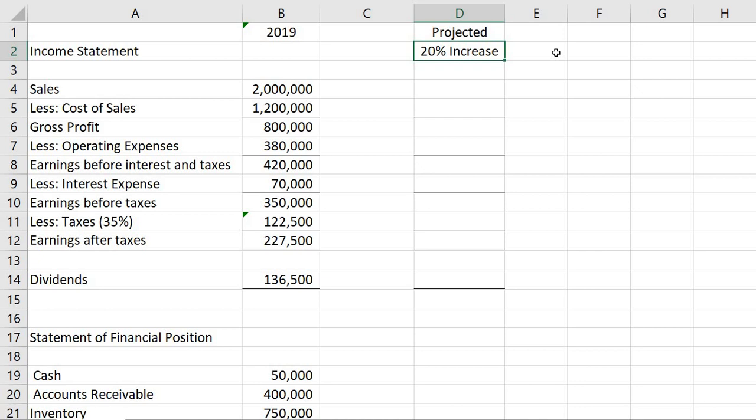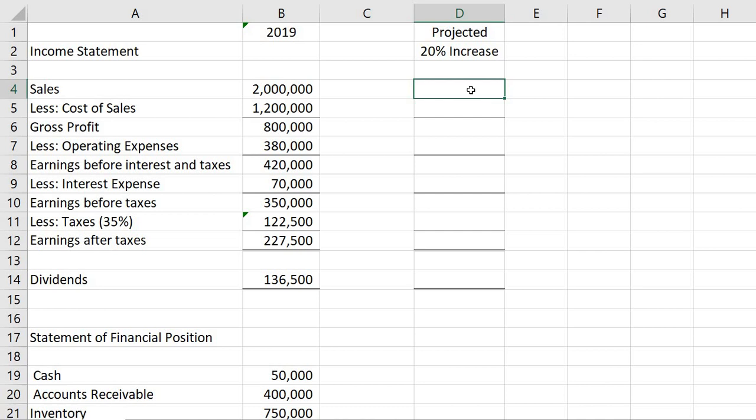That is why it is called the percent of sales method, because we will start with that percentage of increase in your sales.